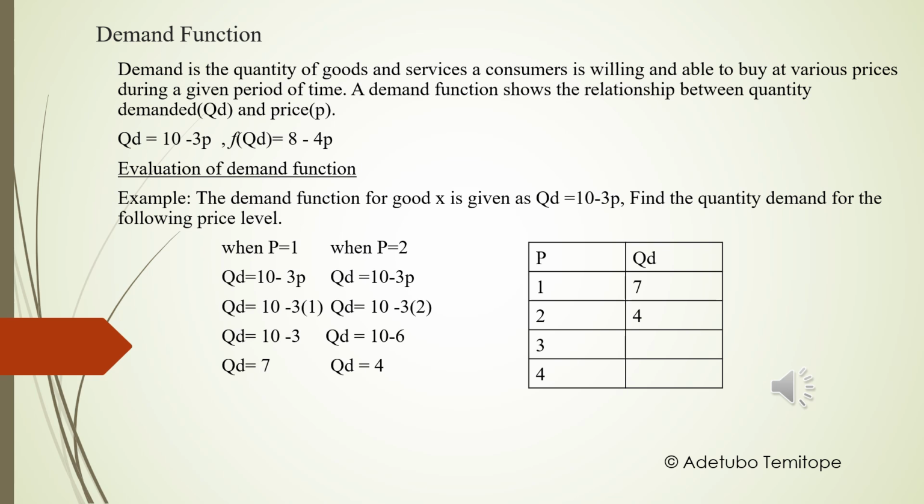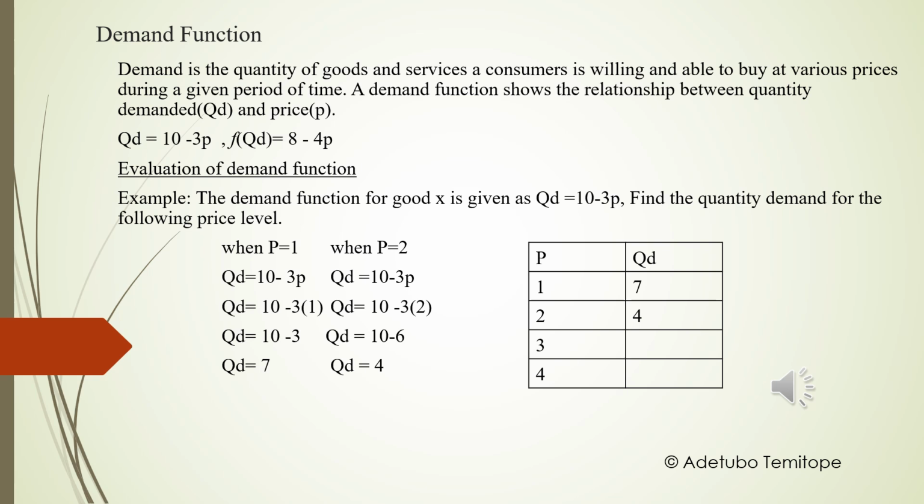So when price is 2, QD equals 10 minus 3P. When you substitute P equals 2 in this demand function, we have QD equals 10 minus 3(2). Evaluating that, we have QD equals 4. So I also input it in the demand schedule.